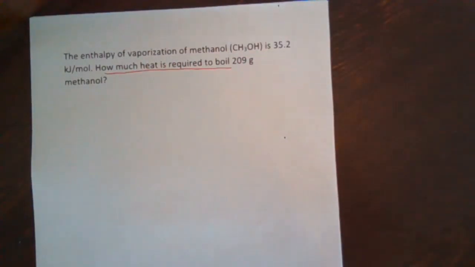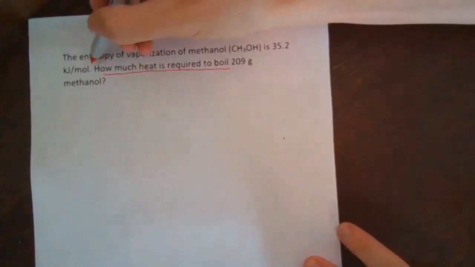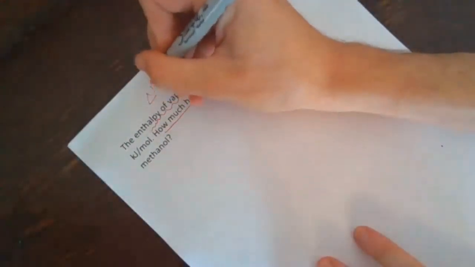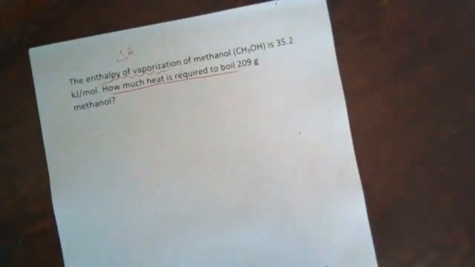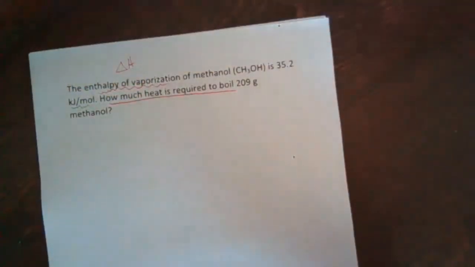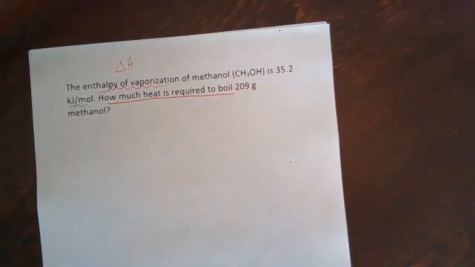So whenever we're looking at energies for phase changes like this, we're not going to worry about temperature. What we are going to worry about is some sort of enthalpy, right? That's going to be our delta H. And we can see that the units on that delta H are in kilojoules per mole. And so it's going to be a relationship. It's going to let us relate an amount of, in this case, methanol that's undergoing boiling and the heat that is then associated with that.